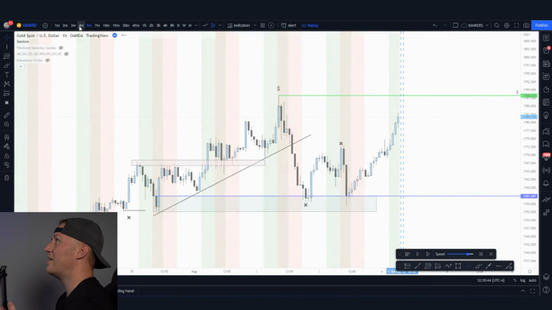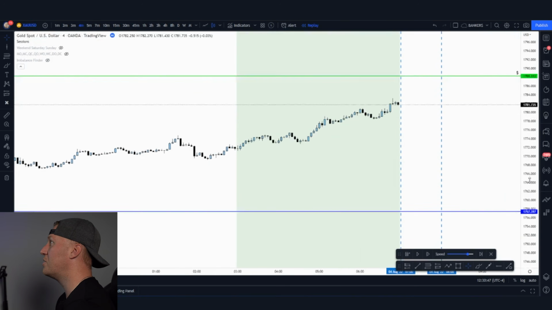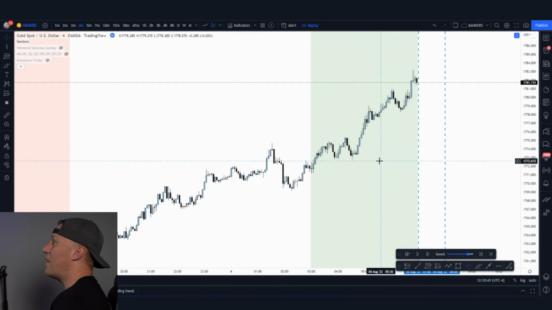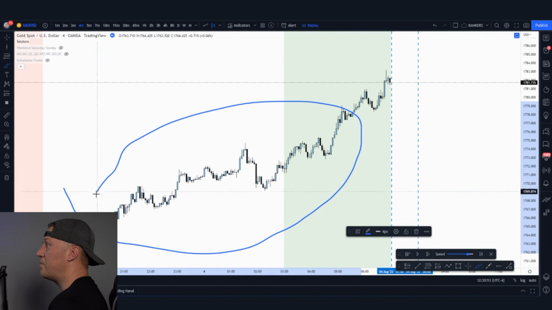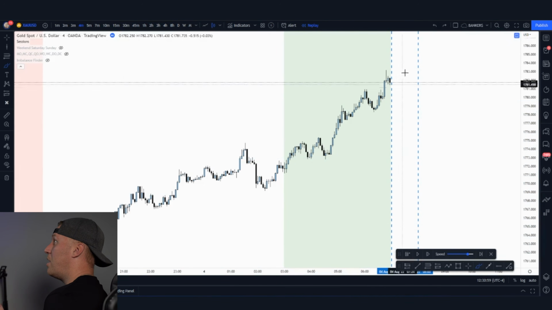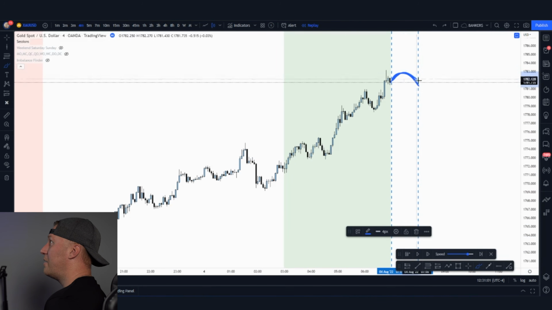So I dropped down to the 5-minute, 4-minute originally, and what I'm looking for are patterns. So again, this price action here, I'm sleeping, I'm not in the office. So right now I'm looking to see what's happening for when I'm in the office in this period here, coming up to 8 a.m. Eastern.